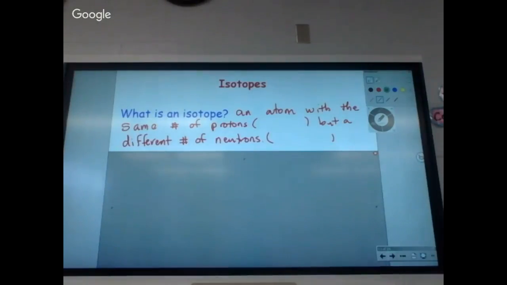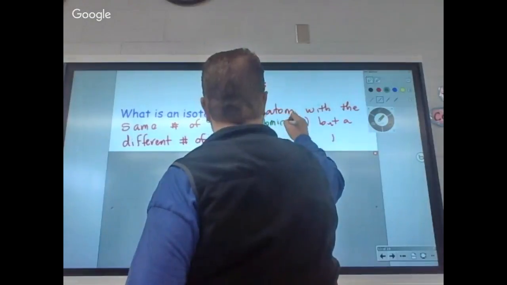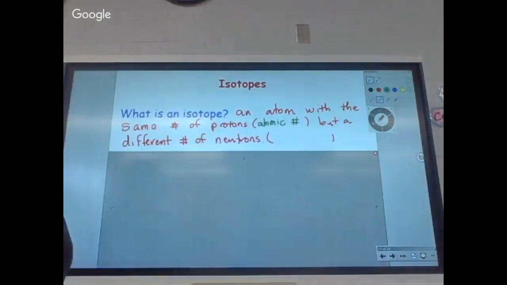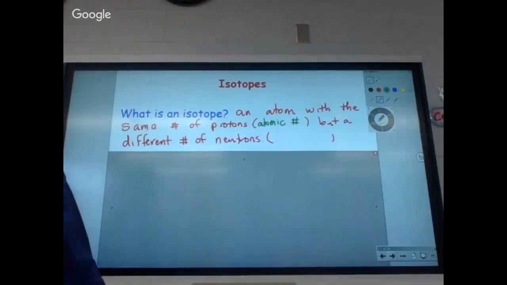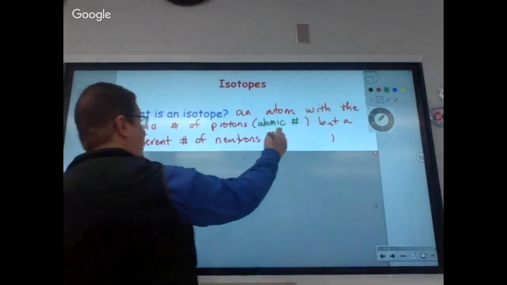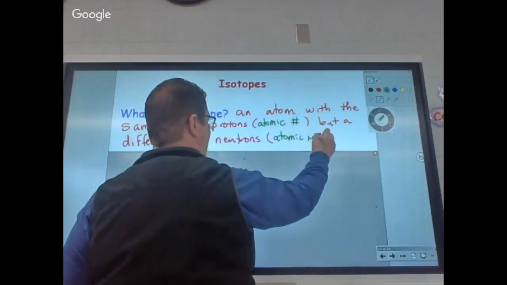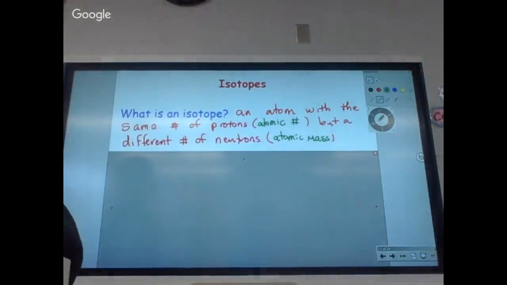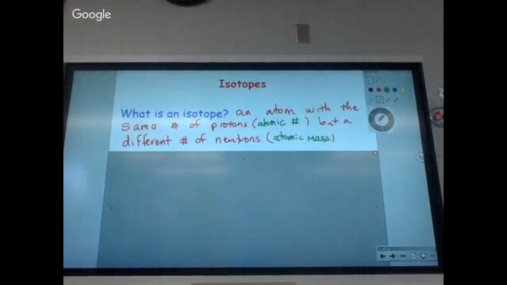So you could have the same atomic number, but a different number of neutrons. What makes up the neutrons today? The atomic mass. But you could have a different atomic mass. So if you have the same number of protons or atomic number, but you have a different atomic mass, then you're an isotope.